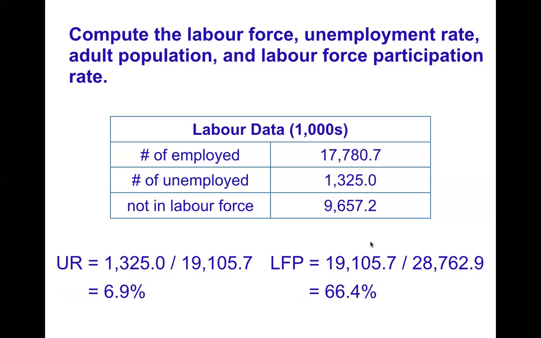So this is my labor force, employed plus unemployed. I'm going to divide that by my adult population, and we see that we have 66.4% of this population is in the labor force. So this would be very similar to Canada's distribution.